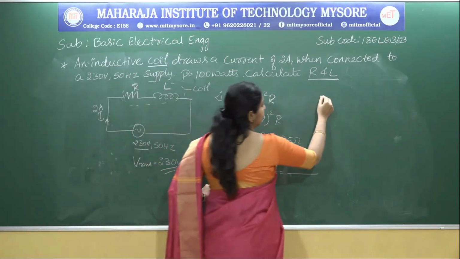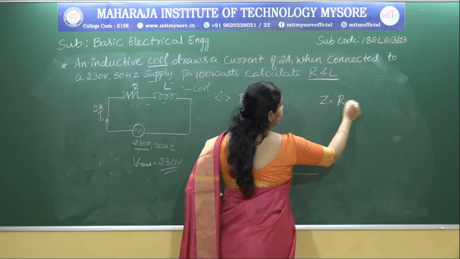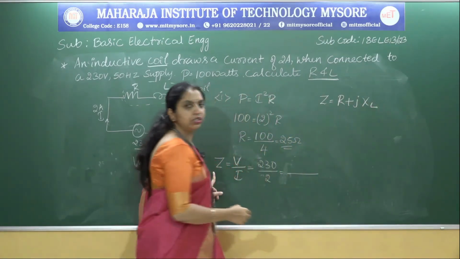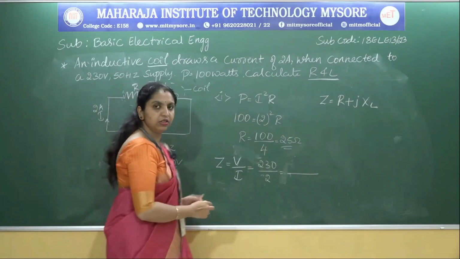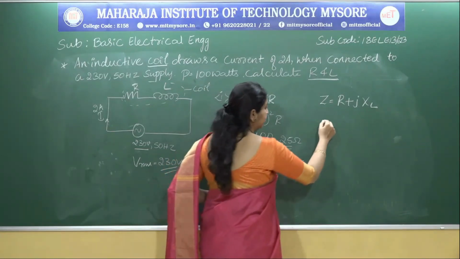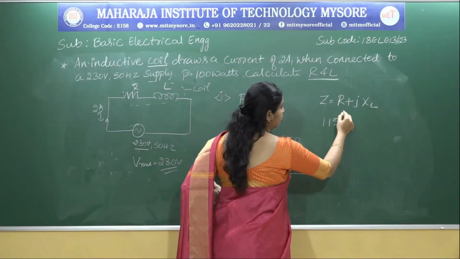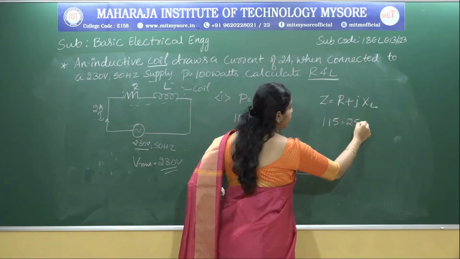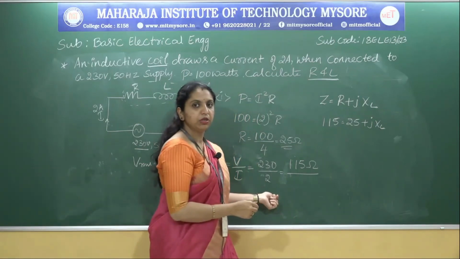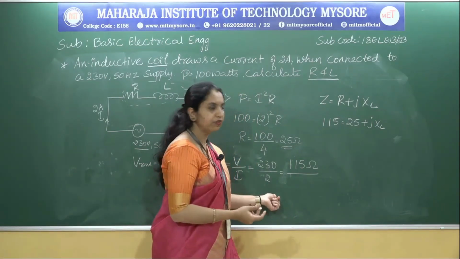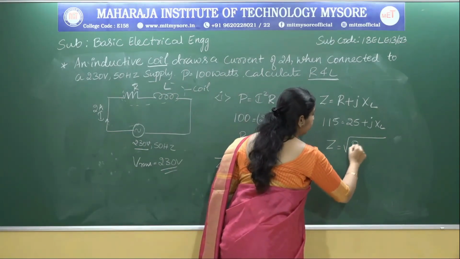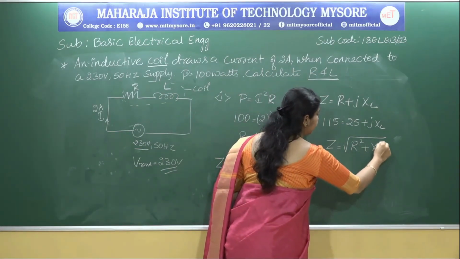Once we calculate the value of Z, later we can think of calculating L. We know that Z is equal to R plus j into XL. What is Z? It is 115 ohm. So 115 ohm is equal to R, which is 25, plus j into XL. Now it is in complex form, so we can have it in terms of magnitude. Z is equal to square root of R square plus XL square.